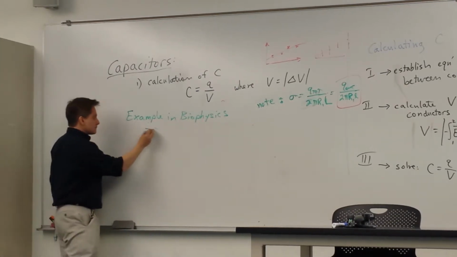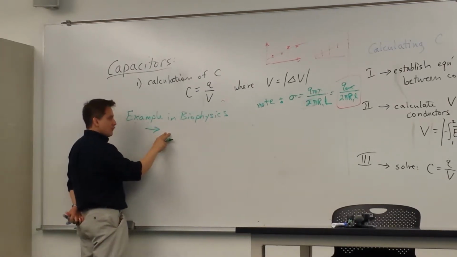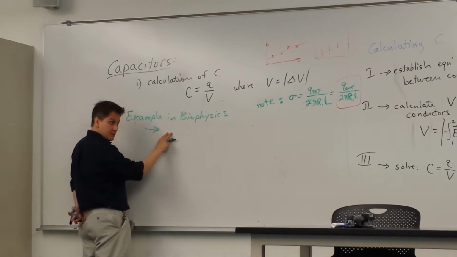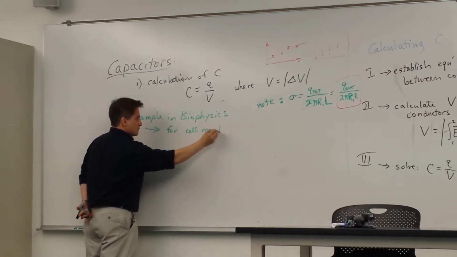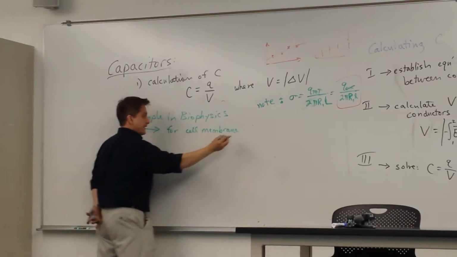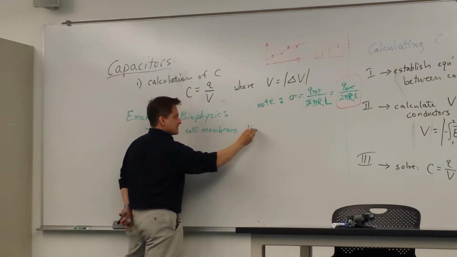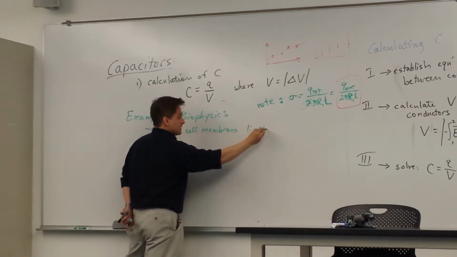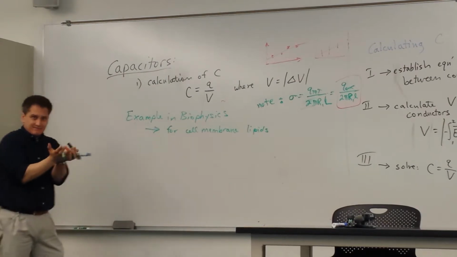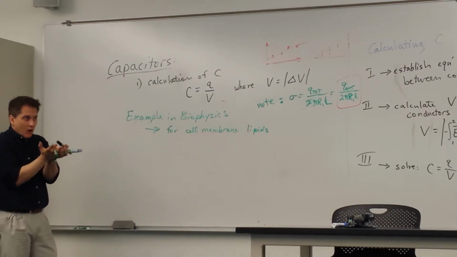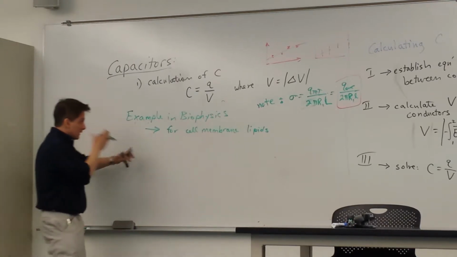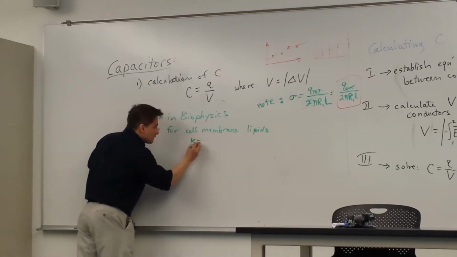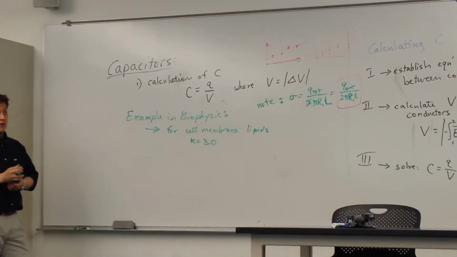First of all, for most biological membranes, for cell membrane lipid, which is the fatty acids that compose 99.9% of all of the structural substance of any cell, I believe the dielectric constant is right around 3.